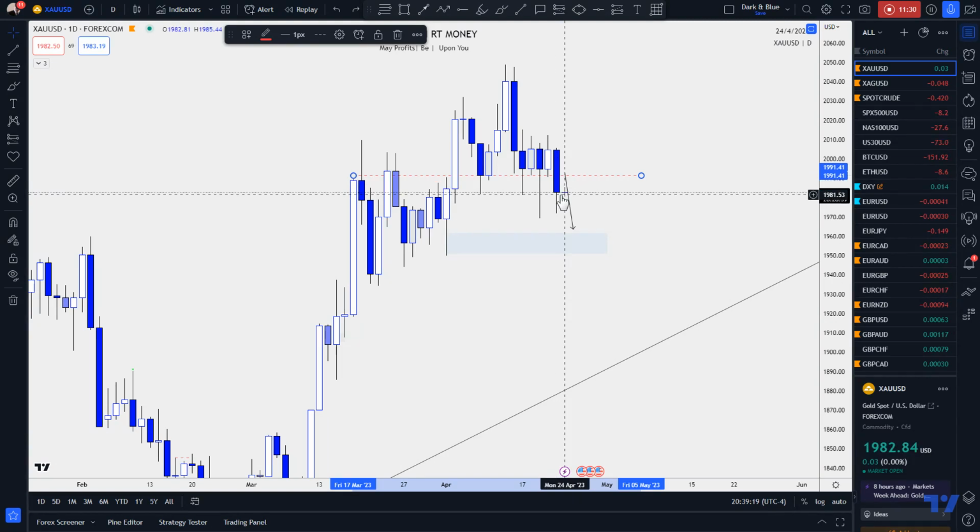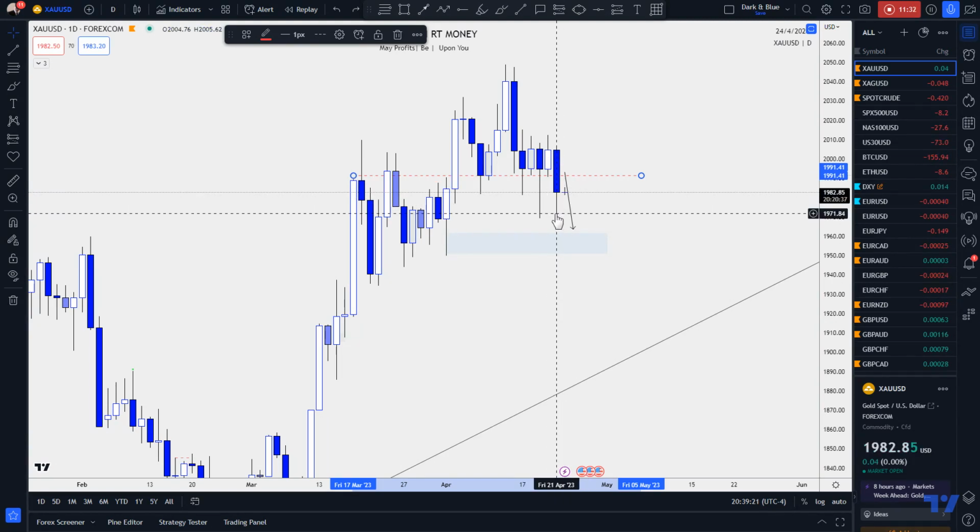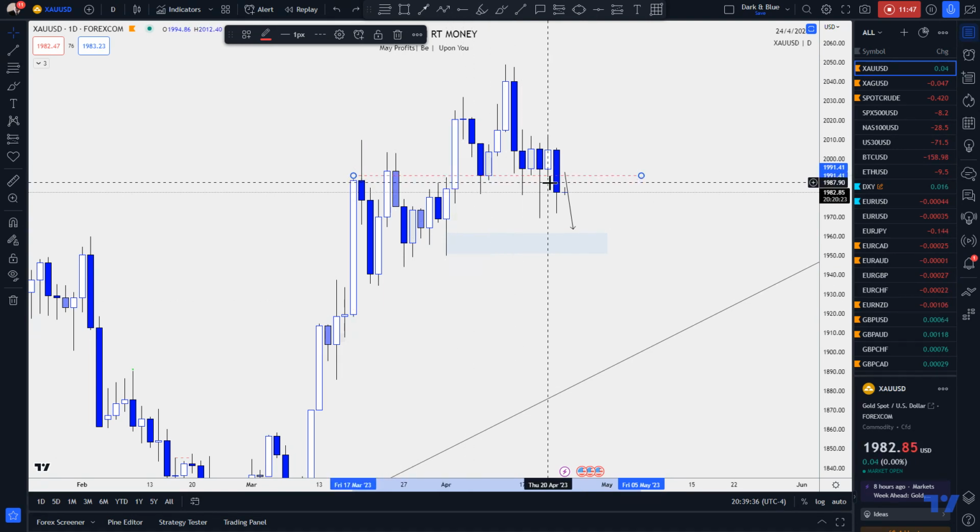We poked through that support, not convincingly enough. You see how it doesn't close down at these lows. I wish it would have done that. Then I would have been sure that price was going to continue bearishly. But we did break an important level here. We did close below that important level on a daily closing basis.